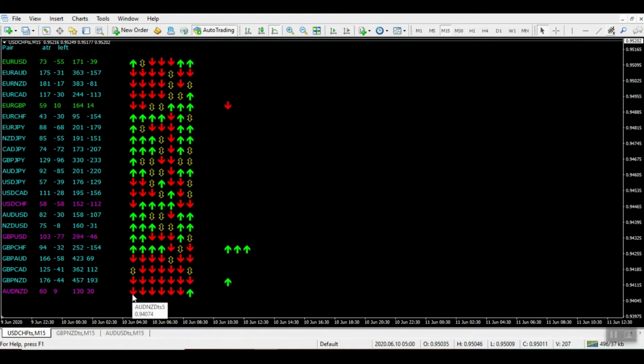This is the AUD, NZD, right now. As we speak, the price is below the 5-minute 34 EMA wave. Now, when the bar closes, it may be above. We don't know. But right now, it is below.